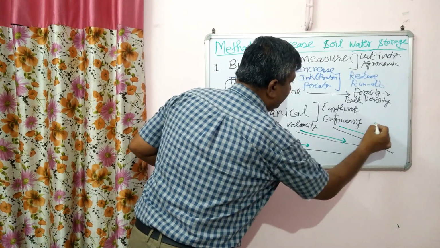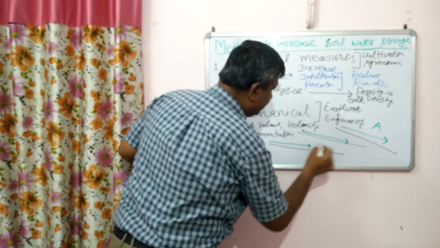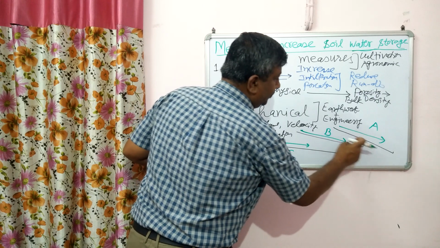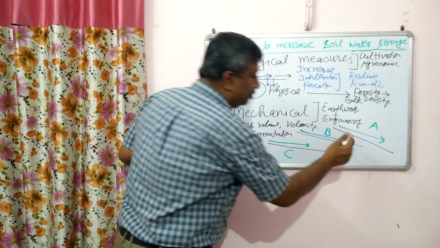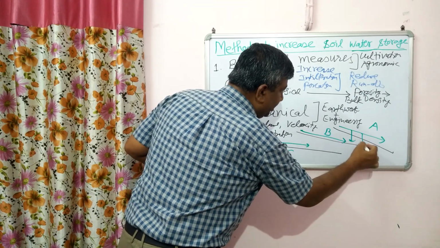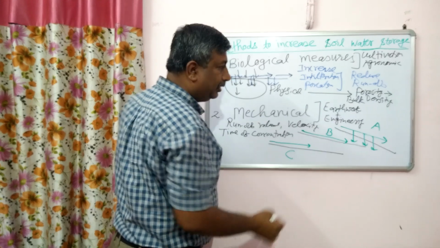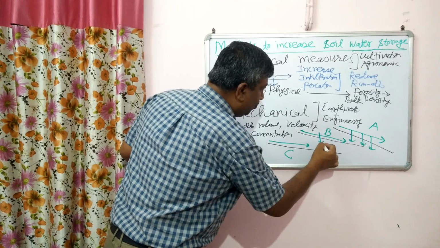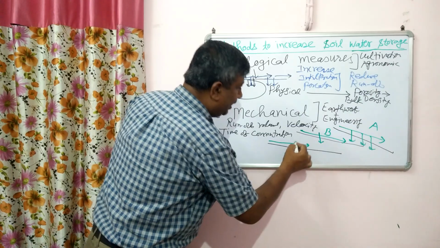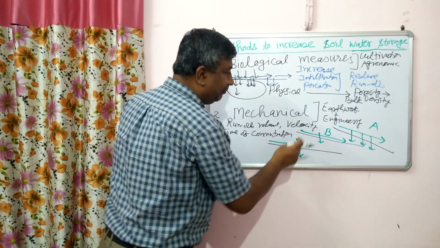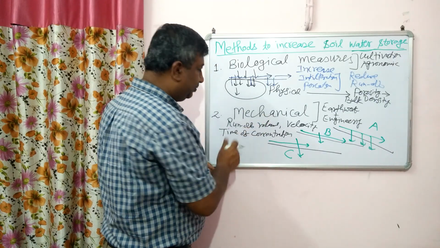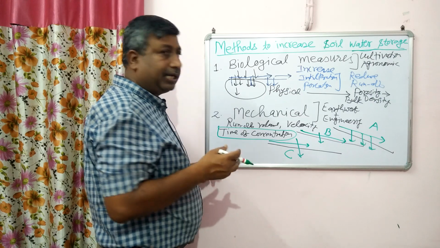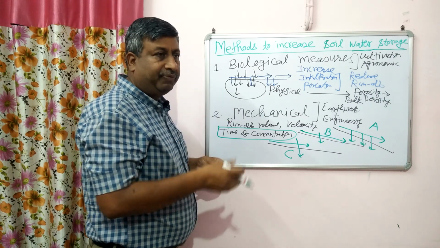If we compare this A diagram with this B diagram and this C diagram, here water is running very fast, so time for infiltration is less. In this case, velocity is less as compared to A, so it gets more time compared to A, and here it gets more time compared to A and B for infiltration. So this is known as time of concentration, means the time for absorption for infiltration.